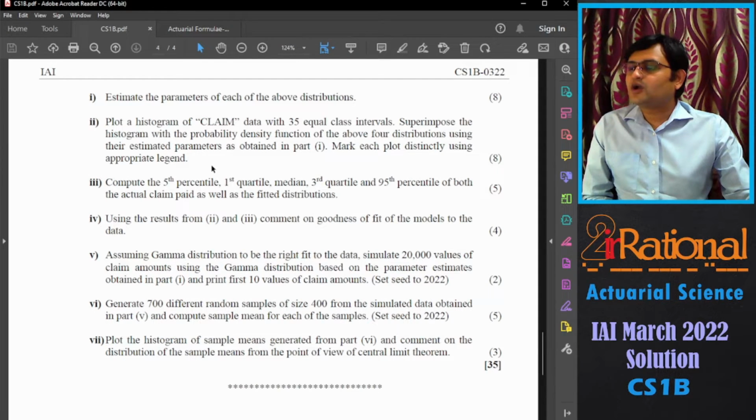Then the second part: plot a histogram of claim data with 35 equal class intervals. Superimpose the histogram with the probability density function of the above four distributions using their estimated parameters as obtained in part 1. Mark each plot distinctly using appropriate legends.